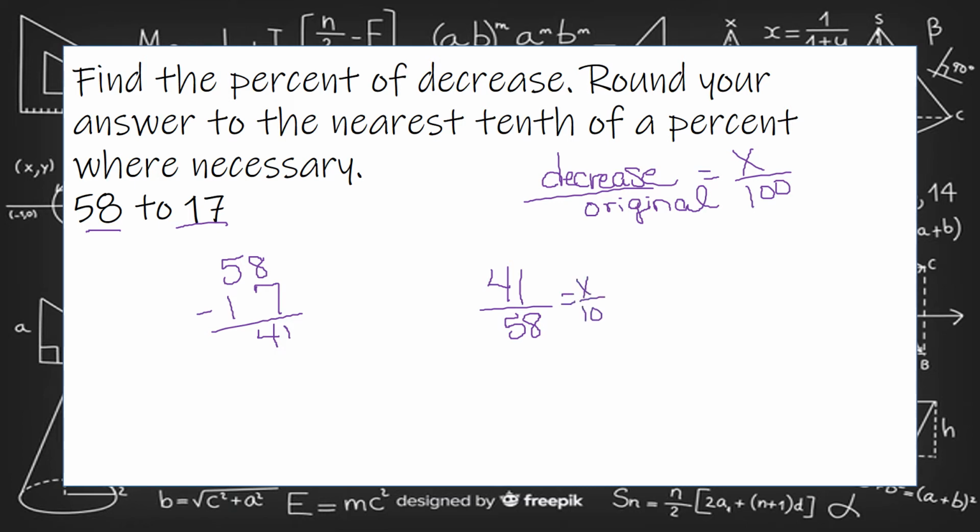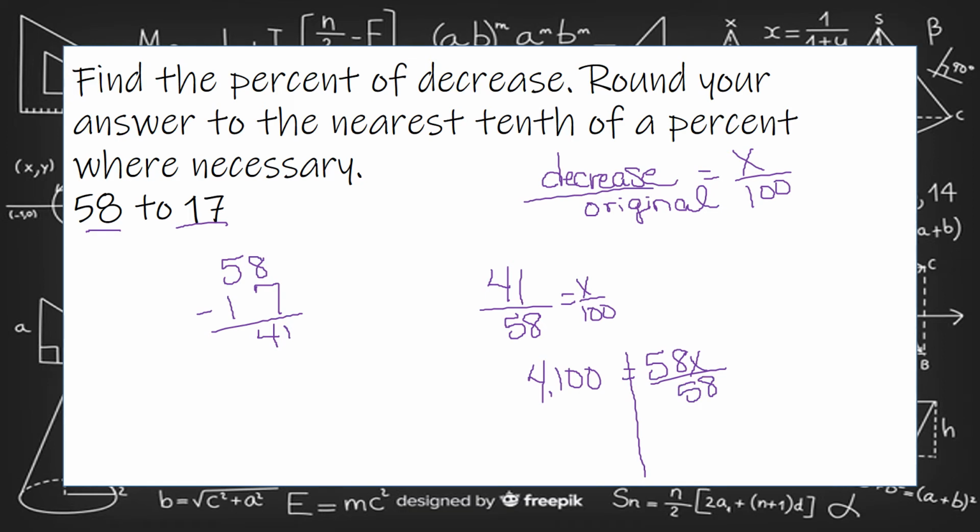So now we're going to solve our proportion by cross multiplying. 41 times 100 gives us 4,100. 58 times x is 58x. Draw your line down the middle. You need to divide both sides by 58 because it's being multiplied by the x.